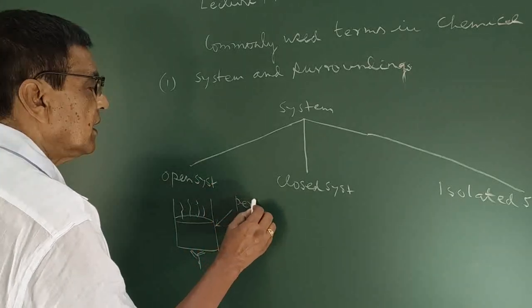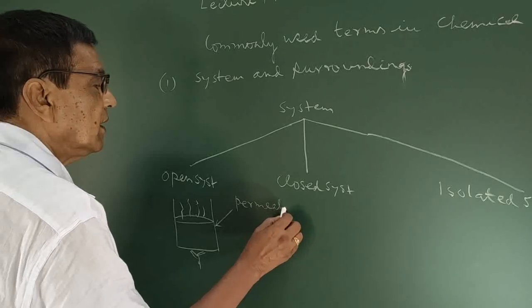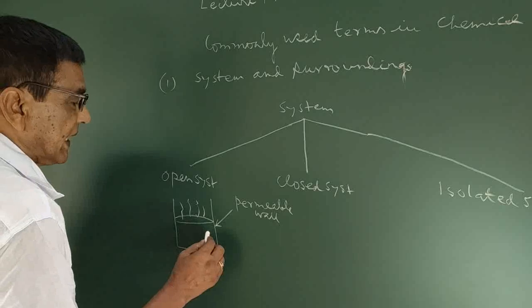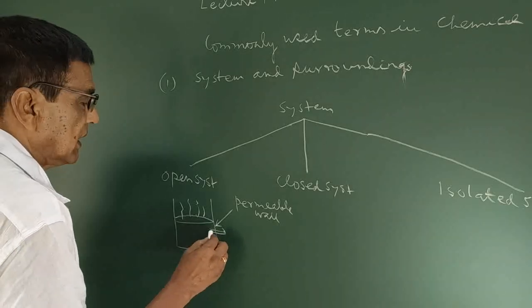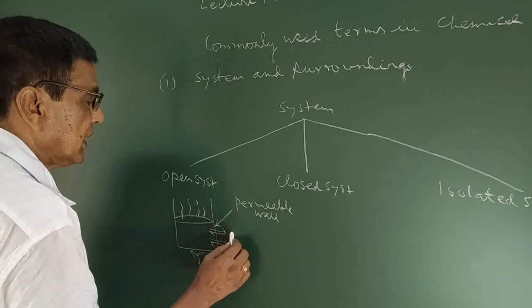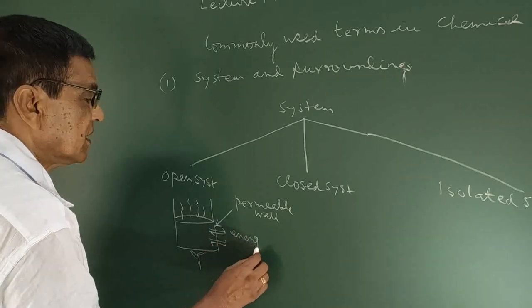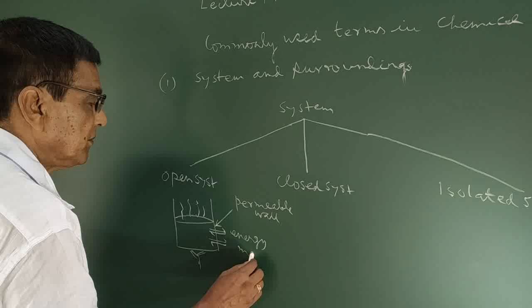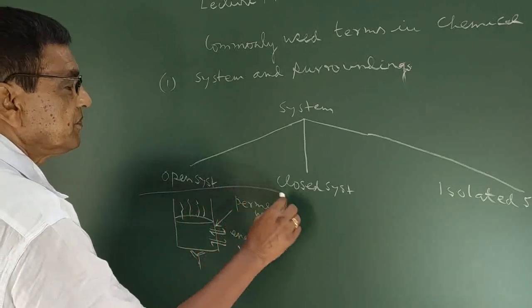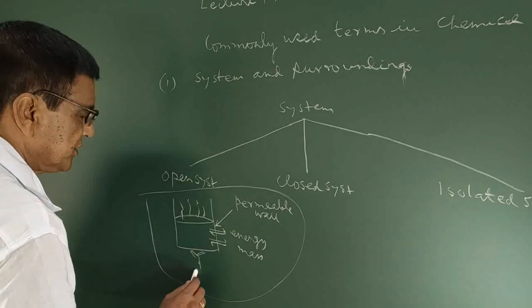This vapor is diffused to these surroundings, and in this case, these walls are called permeable wall. Permeable wall means through this wall, energy and mass can be freely exchanged between the system and the surrounding. This is surrounding.